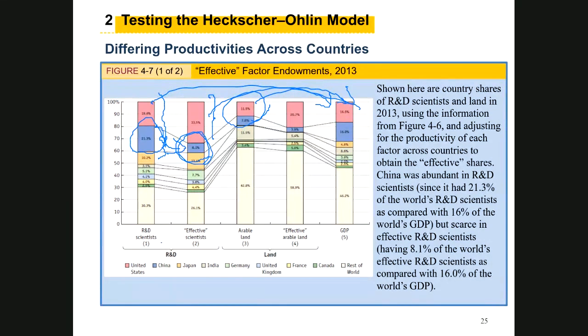But after we adjust by multiplying by the productivity of the land per acre, the effective arable land of the U.S. is larger than its share of GDP. Right? So now we could say the U.S. is abundant in effective arable land.